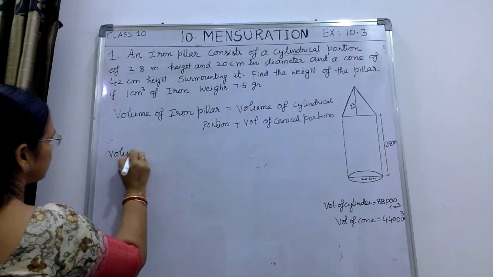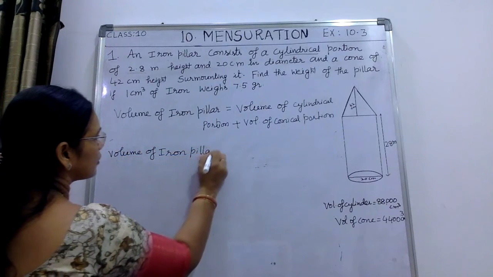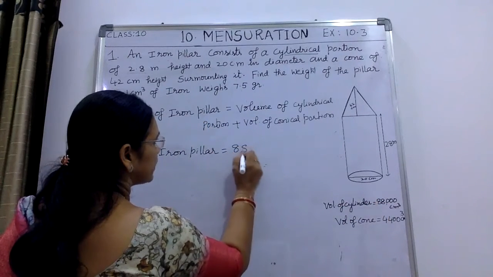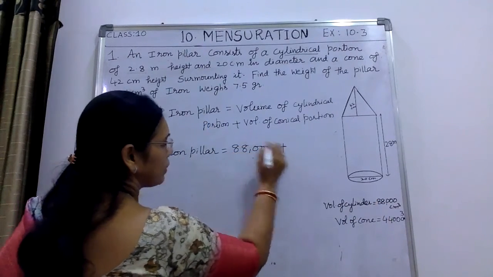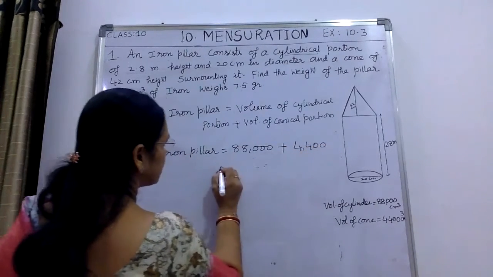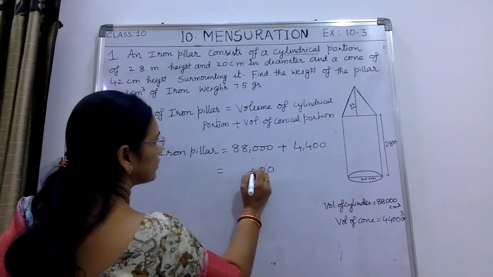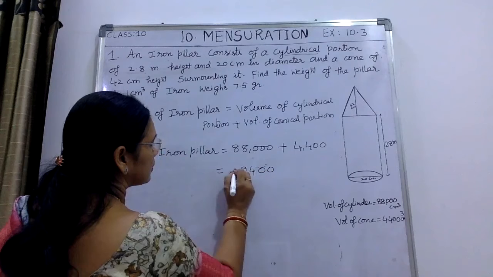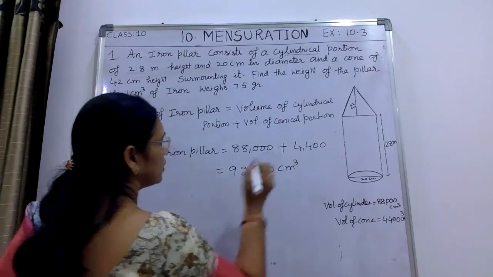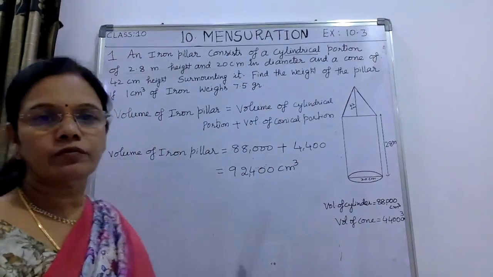Volume of iron pillar is equal to volume of cylinder, here we noted it as 88,000 centimeter cube, plus 4,400 centimeter cube. After summing up, you will get 92,400 centimeter cube.